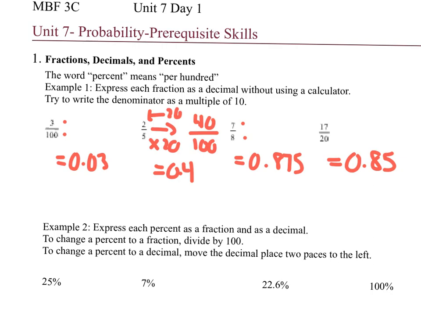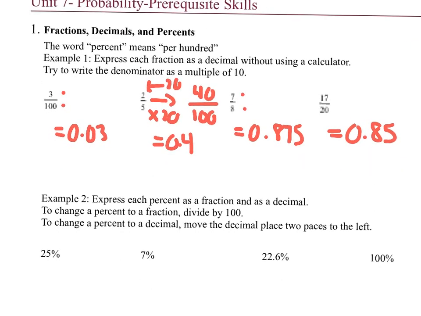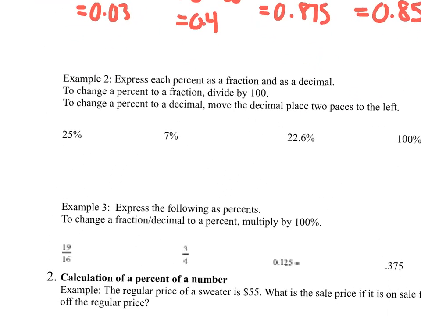Now, if we want to put something that is a percent into a decimal, all you're going to do is take that percent and divide it by 100. So in this situation, you would take 25, divide it by 100, and you would be left with 0.25.